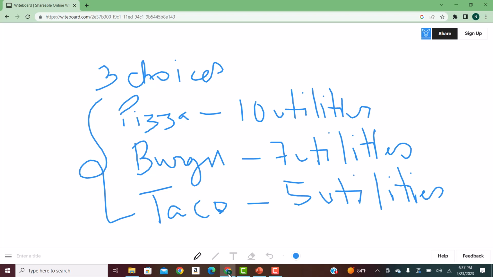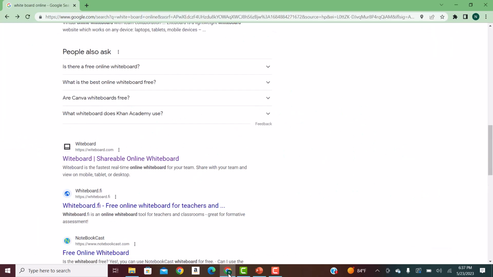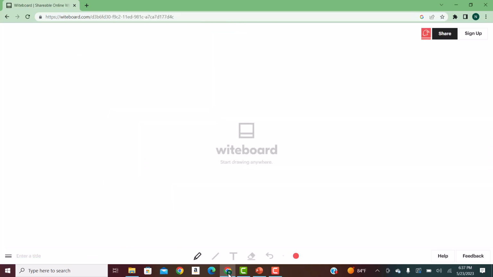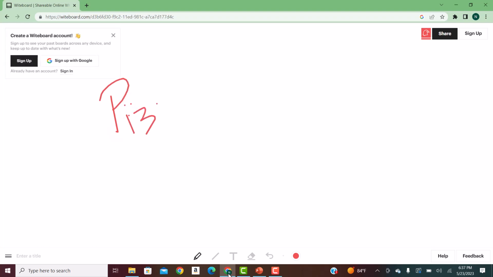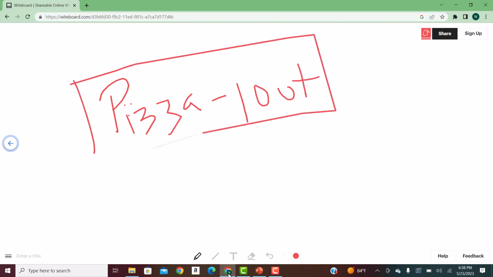Now we learned that all individuals, businesses, and consumers are rational in the economic world. So based on that, we can see pizza gives us the most utilities, so we are going to select pizza, because this is giving us 10 utilities. So this is our choice.